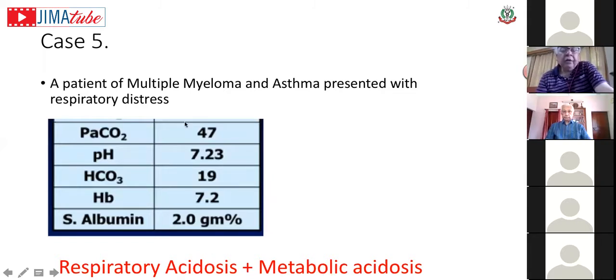As you know, in all acute or chronic respiratory acidosis, the bicarb should be more than 24. But if bicarb is 19, then there has to be some metabolic acidosis component. So just by these three numbers, you immediately know this patient has respiratory acidosis with metabolic acidosis. No calculation is needed.